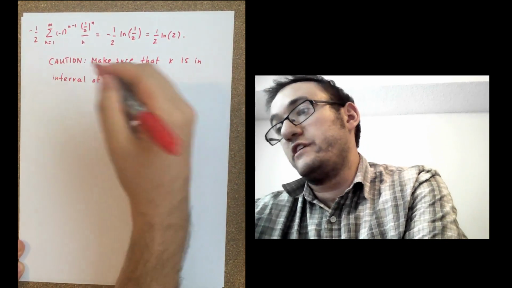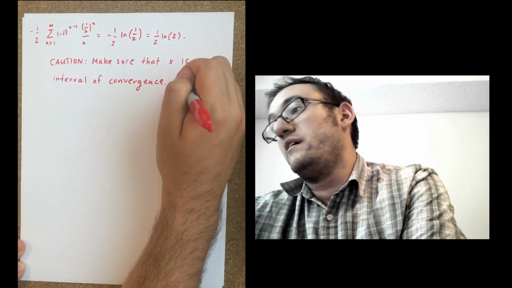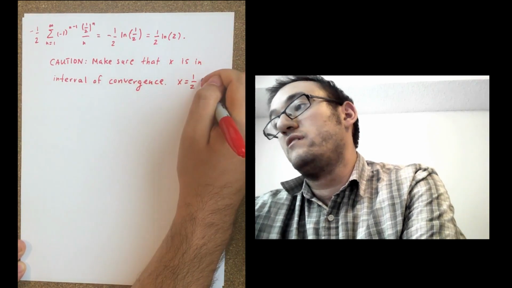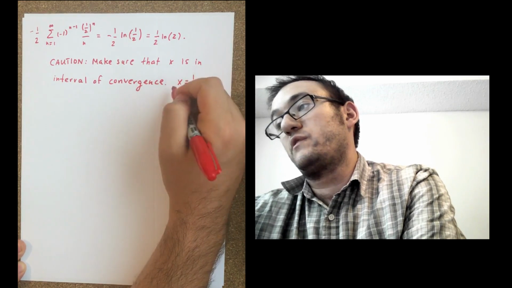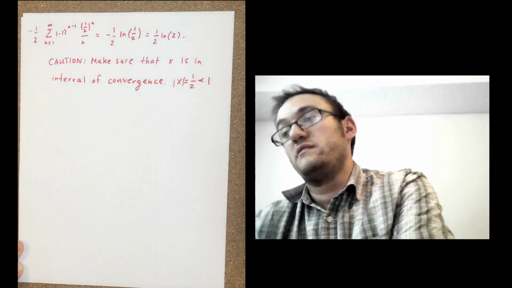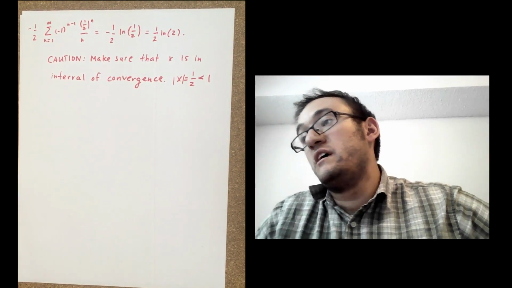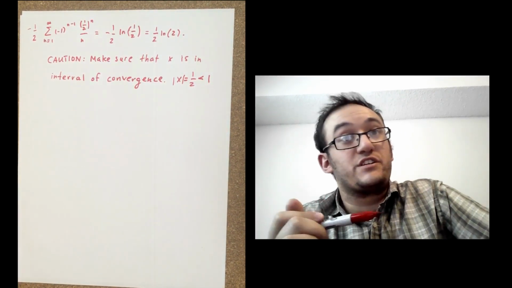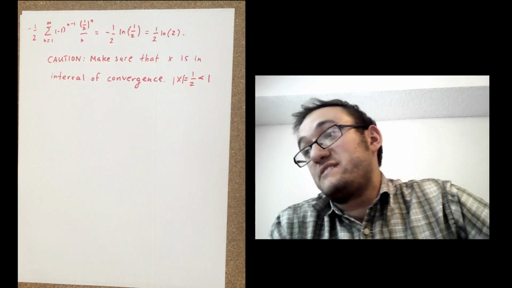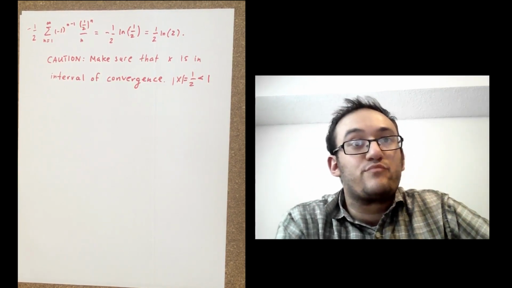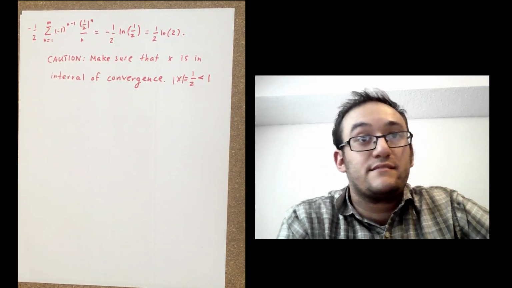For instance, in this example, x equals 1/2 is less than 1. Okay, so absolute value of x is less than 1, which means that it's in the interval of convergence, so that's why we're allowed to replace it with the function.